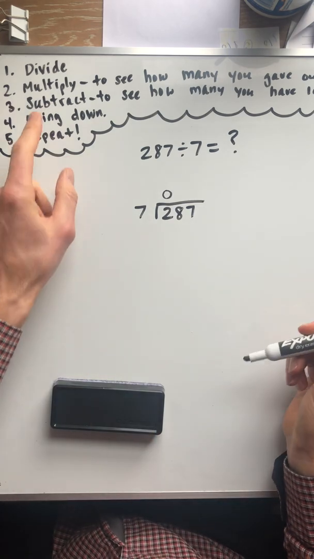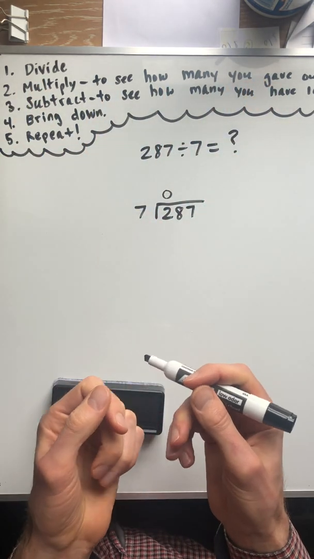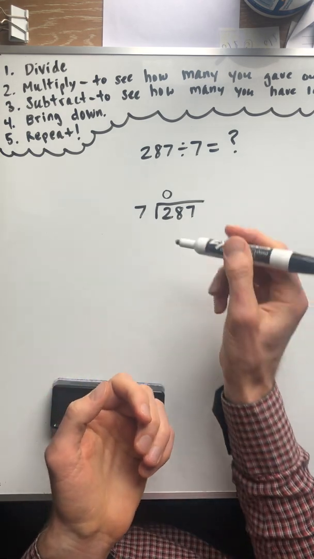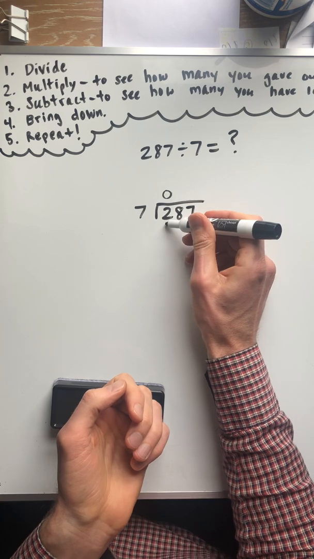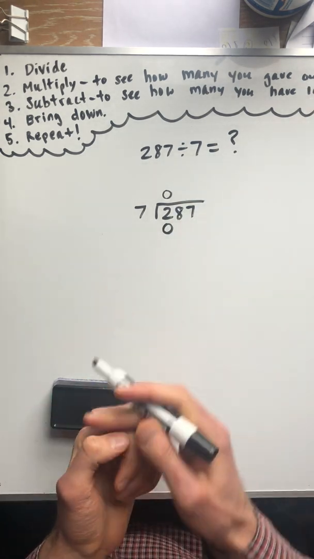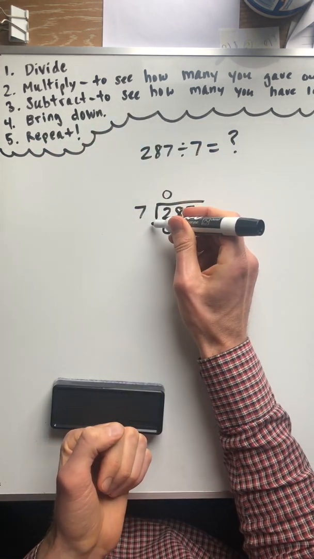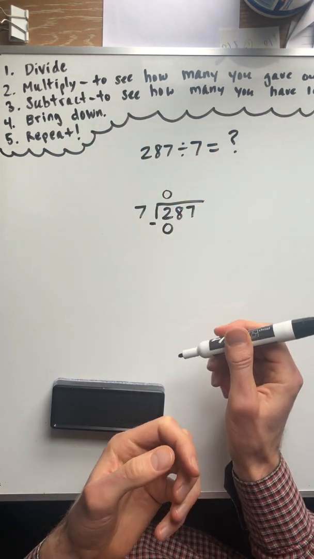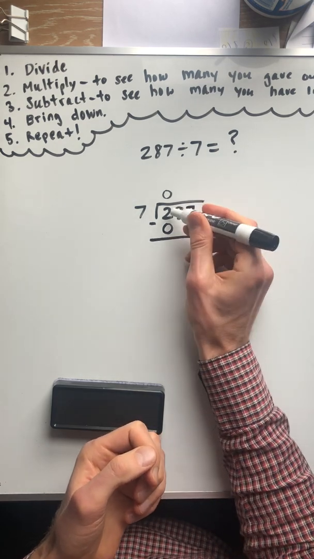Nobody gets one. Now I multiply to see how many I gave out. I know I gave out 0, but I have to do it anyway. 0 times 7 is 0. So right underneath it, under the hundreds, I write down how many to give out: 0. Now I subtract to see how many I have left. I'm going to have both of them left. 2 minus 0 is 2.